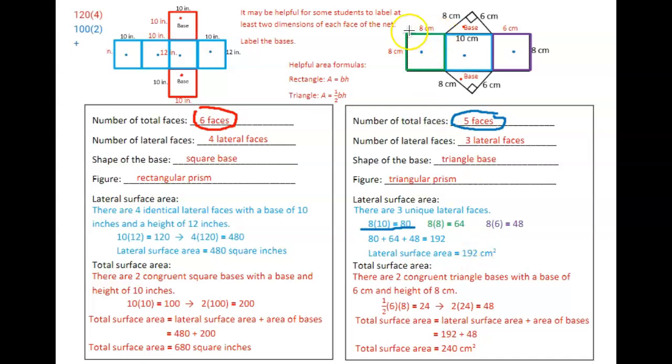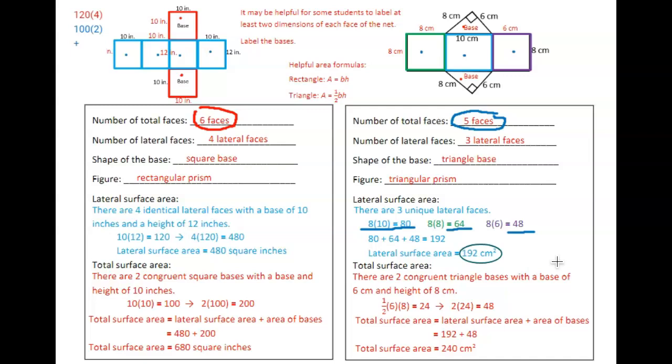The green one is an 8 by 8, which will give you an area of 64. And the purple is 8 by 6, which gives you an area of 48. Add each of those together to give you a total lateral area of 192 centimeters squared. Please make sure you square when you're multiplying base times height, because it's a centimeter times a centimeter.